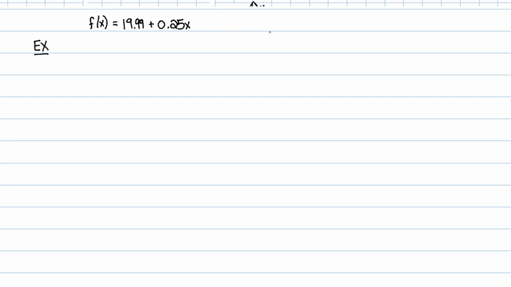Whenever we find the inverse, I like it written as f inverse of y is equal to, and in this case it would be y minus 1999 over 0.25.